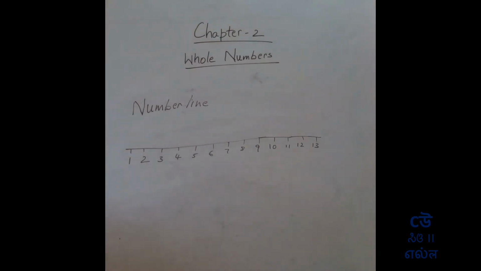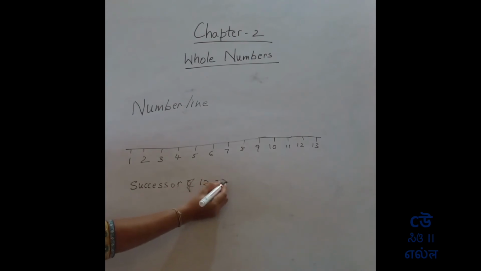So let us now write some predecessor and successor numbers of a few numbers. First, let us take 12. Let us mark the successor of 12.